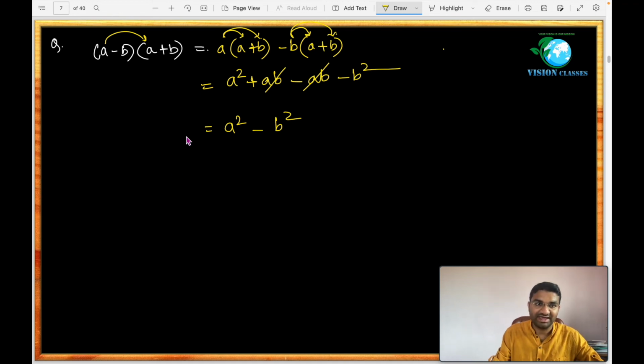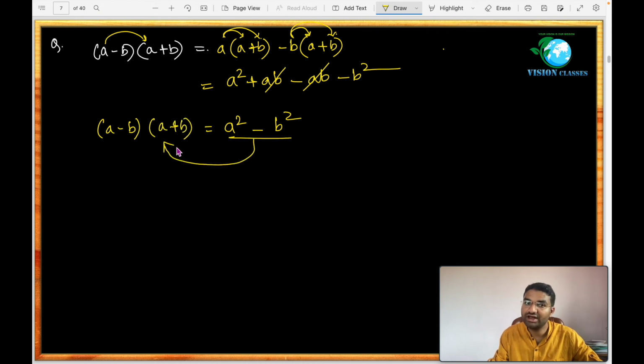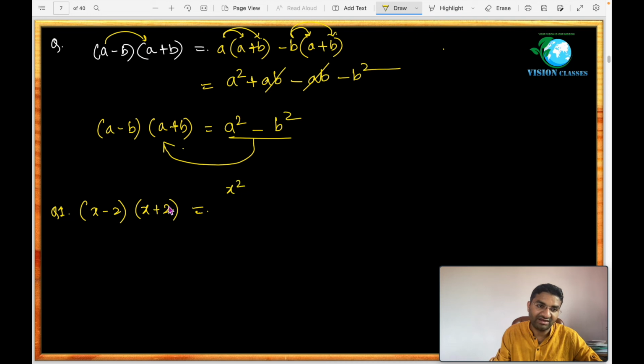Now again, suppose you have a² − b², then you will get these two factors. Let's solve one question. You have (x − 2) and (x + 2) here. In this type also we will get a² − b². a² means here x², and b² is 4, so minus 4, since 2² is 4, right?